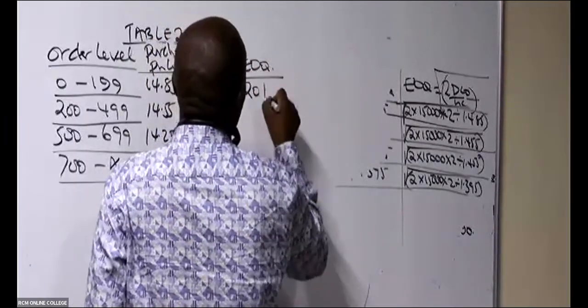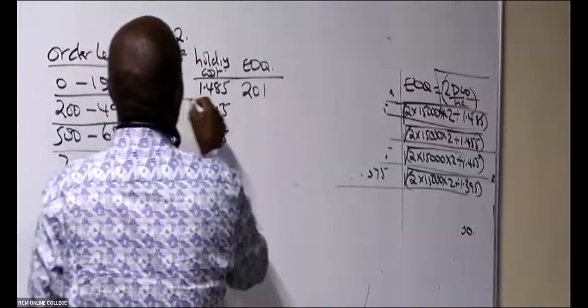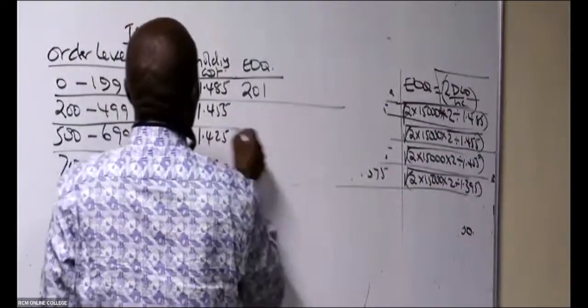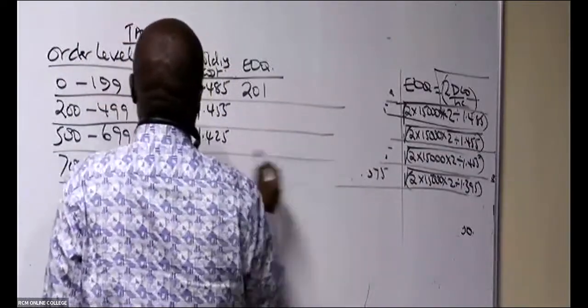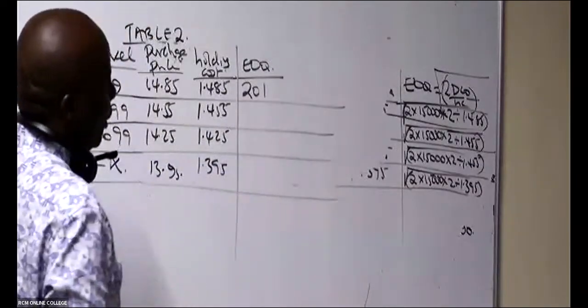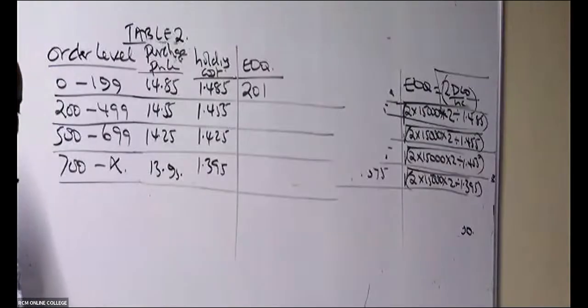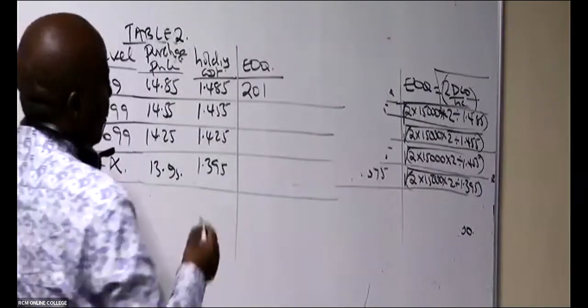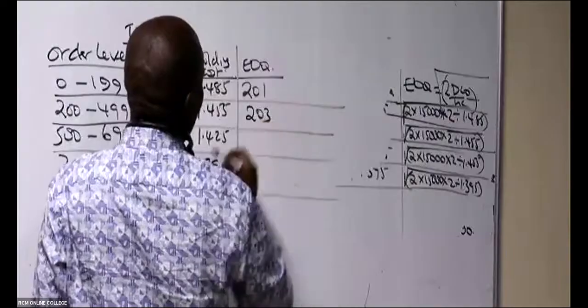The first one I've been told is 201. That is table 2. The second one is 203.